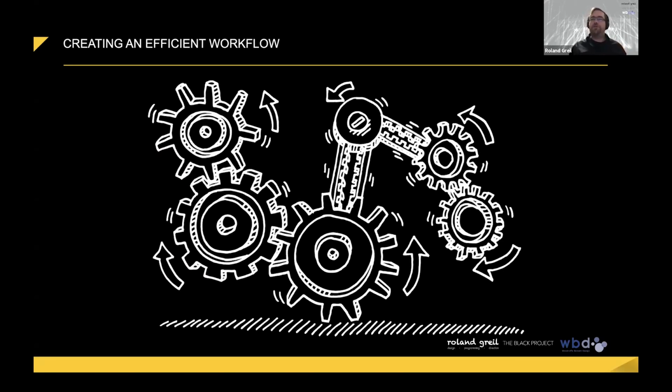If they all work together and turn in the right direction, everything will turn easily, and you can spin it with one hand. If there is one gear in your gear set which is turning the wrong way, or is a little bit too big or too small, it will take you more energy to spin your gears. So it is important that you really create good communication within your team.